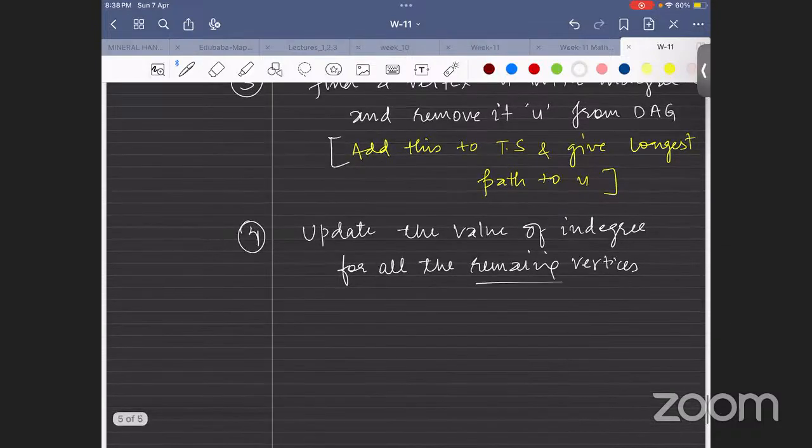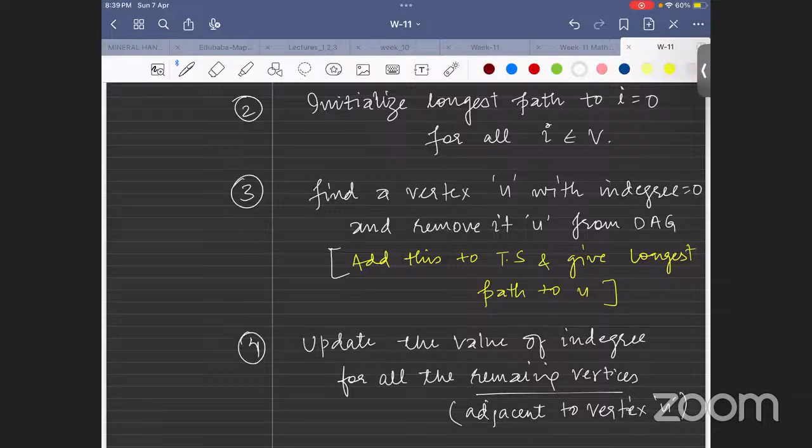Basically, I already told you, only the adjacent vertices, the vertices that are connected, will get impacted. The in degree for those vertices will get impacted. Other vertices will have the same in degree that was there in the starting. So adjacent to vertex u. Till now we have done the same thing as we were doing in the topological sorting.